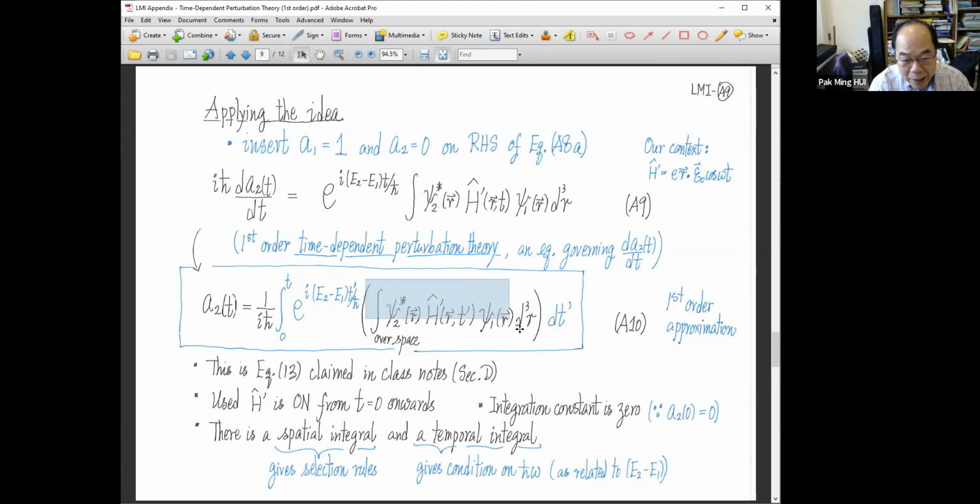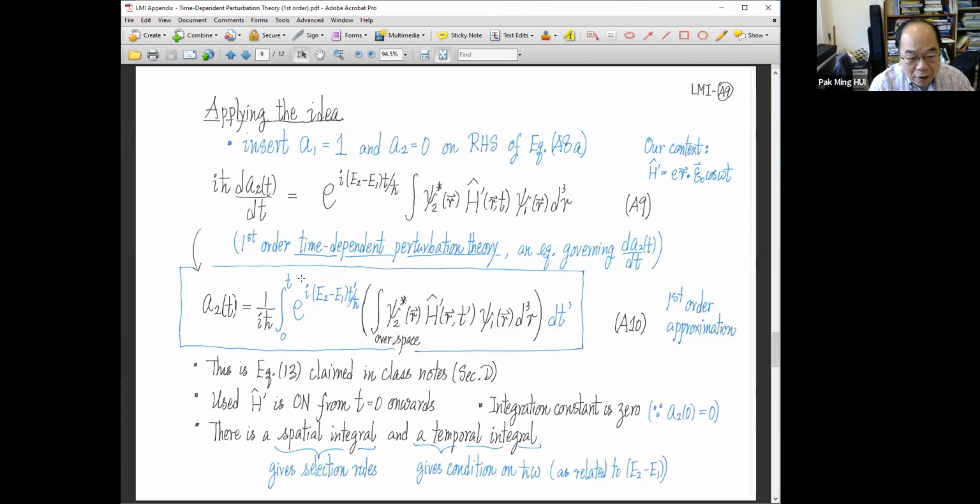So this is a spatial integral, and it will determine, as we will see today, the selection rules. In addition, there is a time integral. We are interested in the effect of the perturbation switched on from time 0 to time t. We integrate over this time duration to see how that perturbation could lead to a transition to the final state.